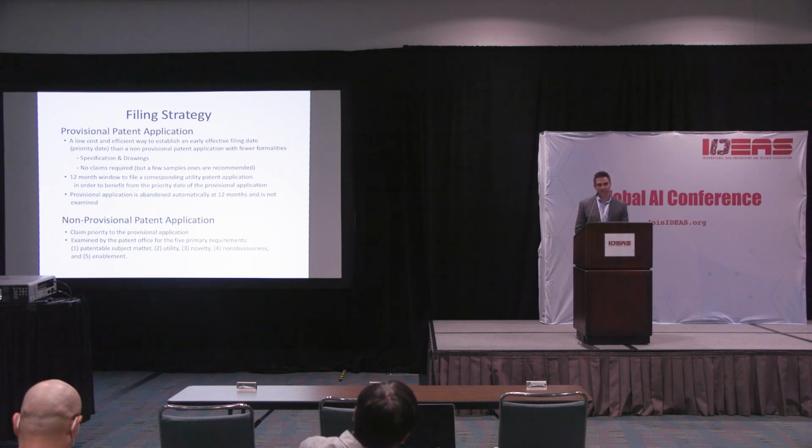It needs to provide utility, it has to be novel, it has to be unobvious, and enablement. Enablement was a point I talked about earlier in figuring out the best way to describe your invention, because you have to enable someone else to pick up this document and do the same thing that you've done without undue burden on them.